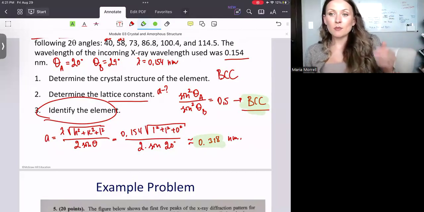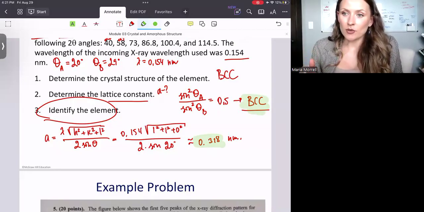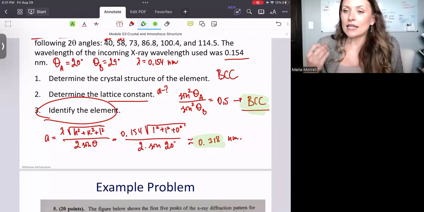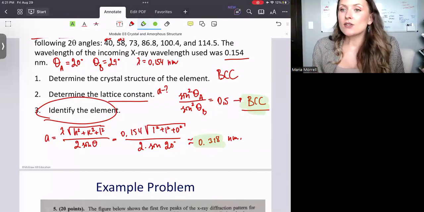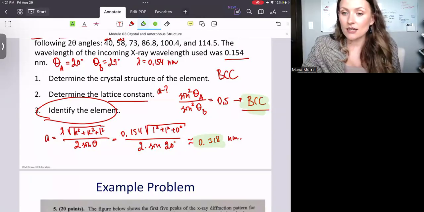Now, keep in mind, this is a measurement, so there is a potential we won't be able to find this exact number, because every experimental measurement carries an error with it. So we can't assume that this is going to be the exact number. However, the material has to be BCC and the A has to be extremely close.